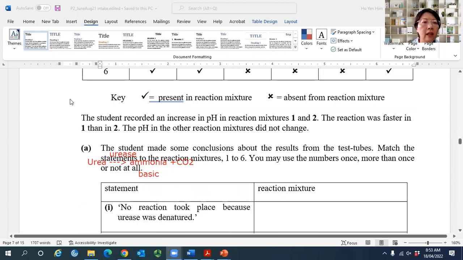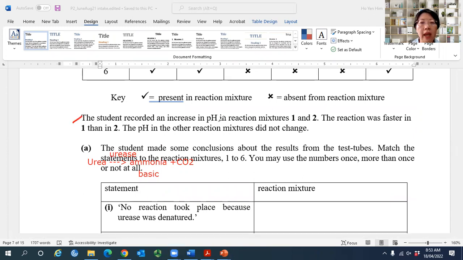They say that the student recorded an increase in pH in reaction mixtures 1 and 2. So an increase in pH means ammonia is produced, right? That's why it's basic, so the pH increases. Okay. The reaction was faster in 1 than in 2. That means 1 and 2 both had a reaction, but the reaction is faster in 1 than in 2.